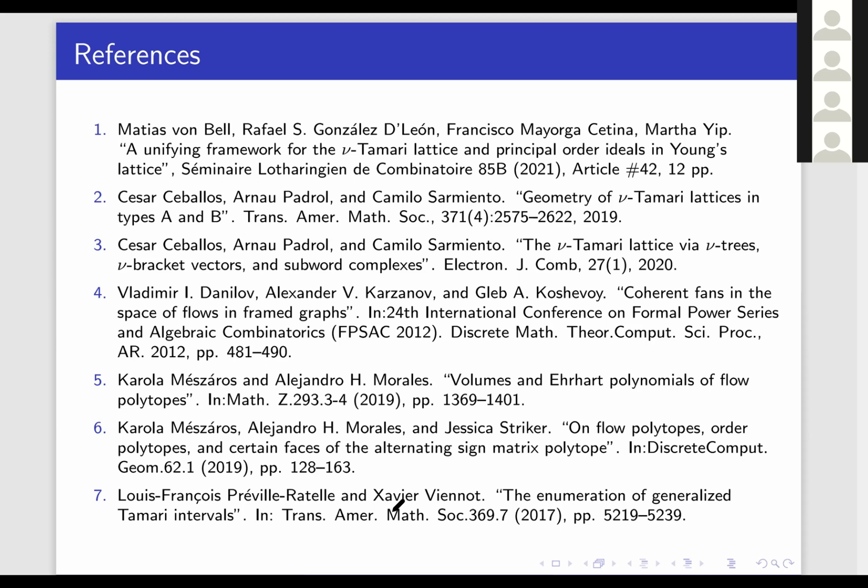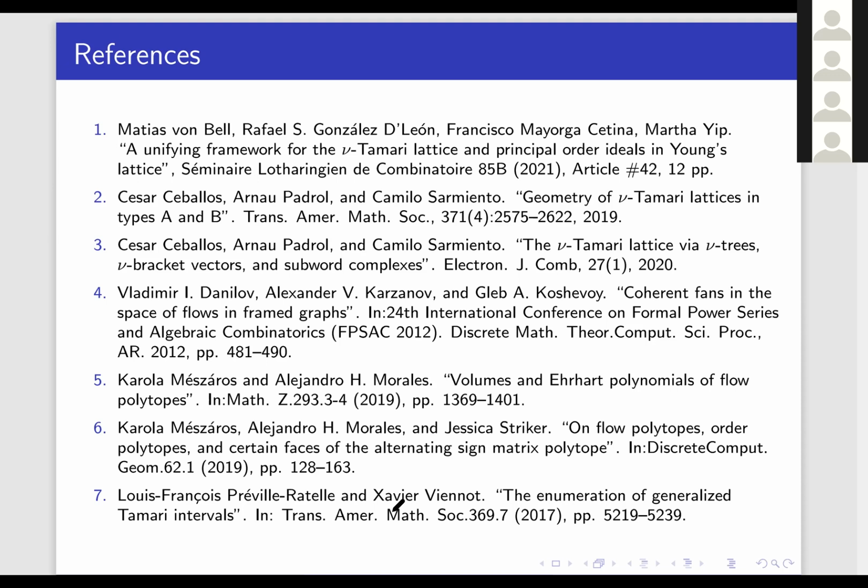Because we found the dual graph, and then knowing that it is the Nu-Tamari lattice, imposed the lattice structure on there, but there wasn't anything in the method that imposed a lattice structure on these objects or on the dual graphs themselves. So at least not immediately.